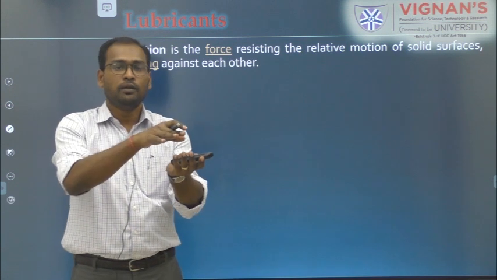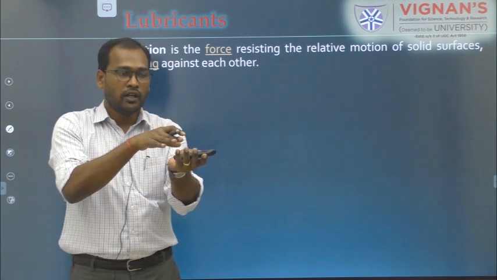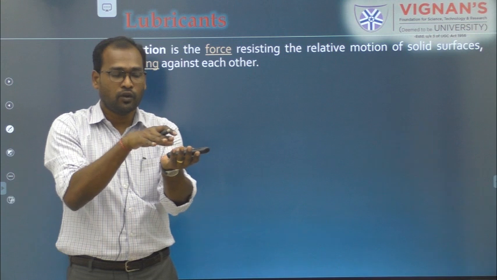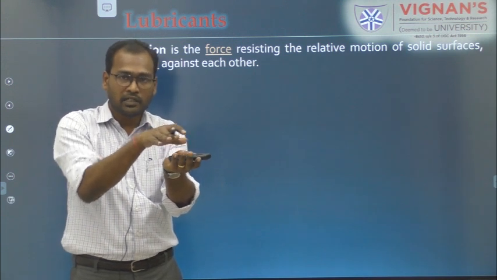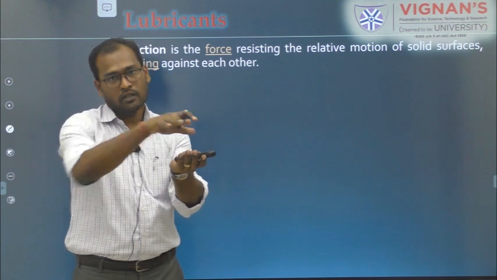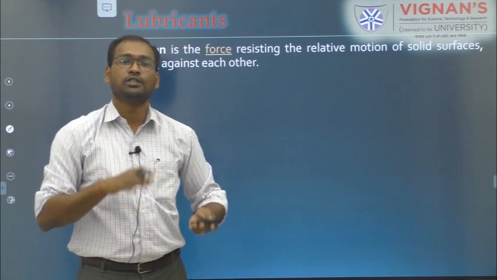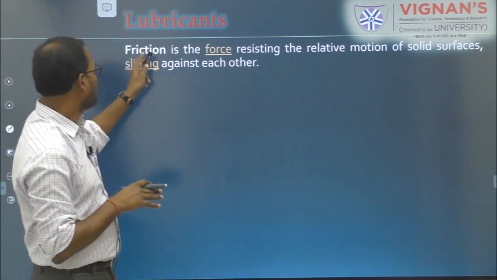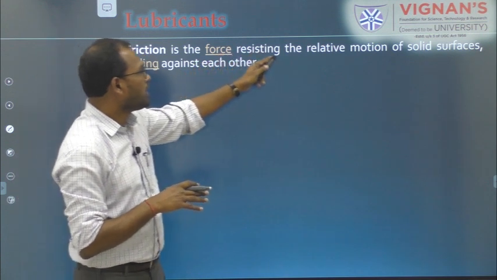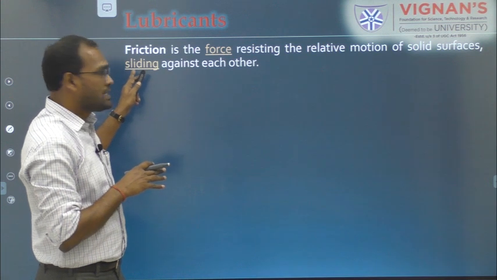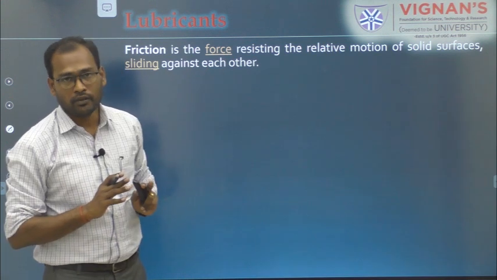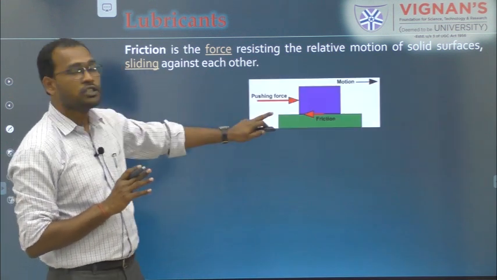If you take two metal surfaces and want to slide them, there will be some resistance to move the surface, and that resistance is called friction.